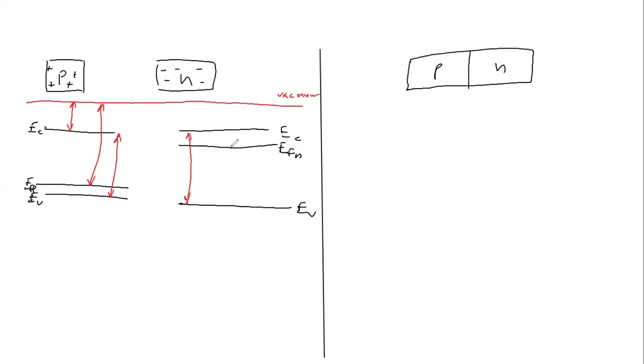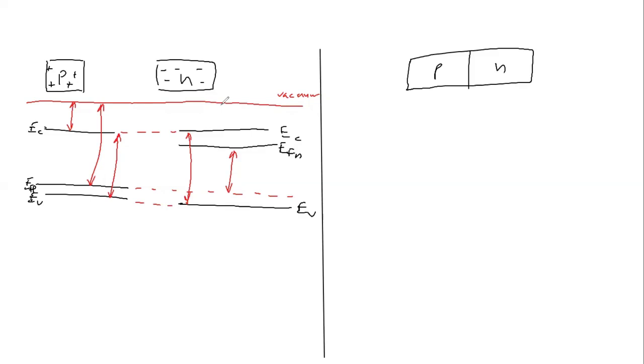Then let's assume we extend this line all the way. So then we can also tell the distance between this and this. Then we can equally tell the distance between the Fermi level and this point, and the Fermi level at this point.